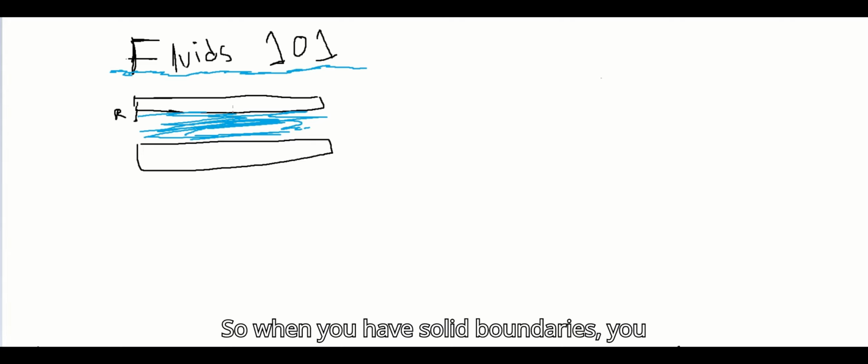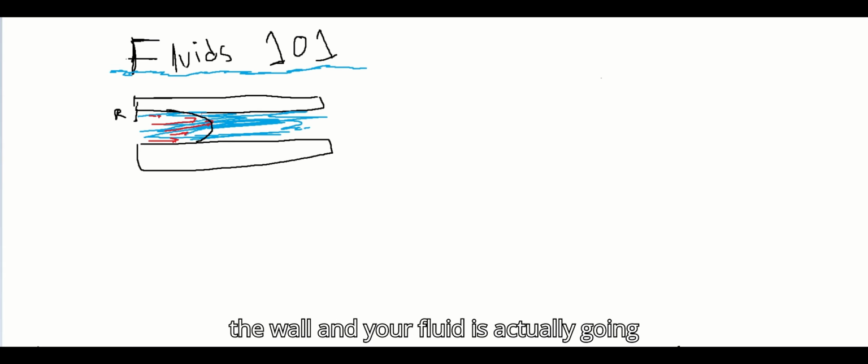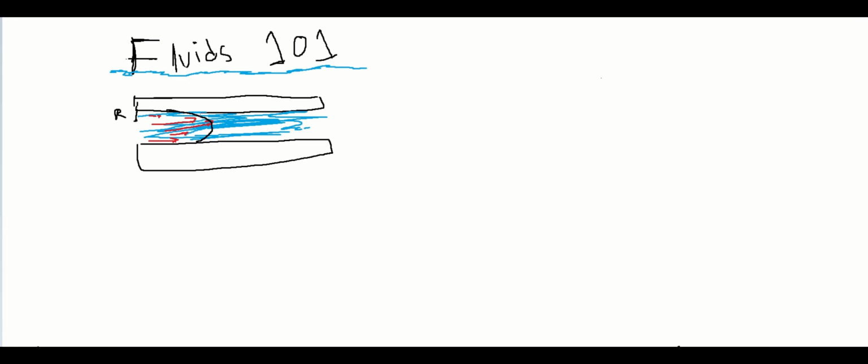When you have solid boundaries, you can have what's called no-slip conditions, meaning that there's 0 velocity at the wall. So the flow actually looks kind of like this. Your fluid is going to look like this, because you're going to have a shearing stress which arises due to the velocity gradient and difference in velocities throughout the fluid. So this is an example of flow through a pipe.